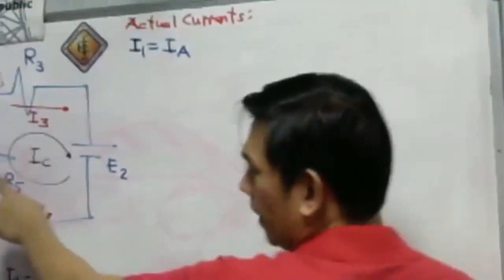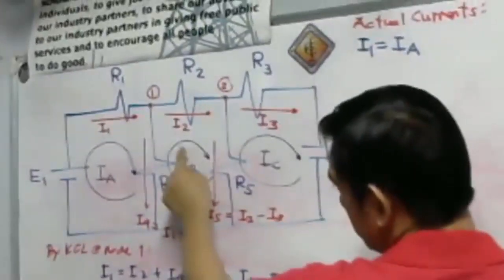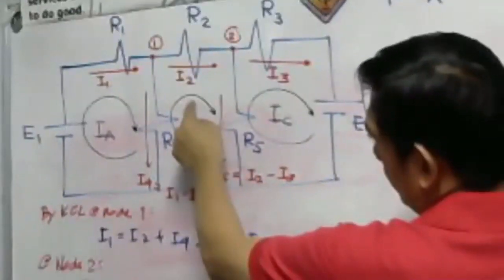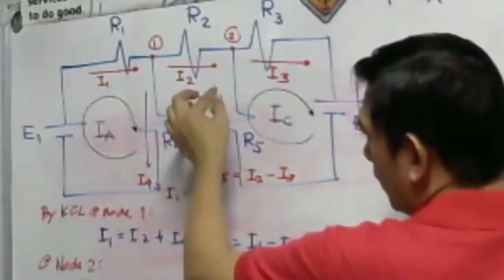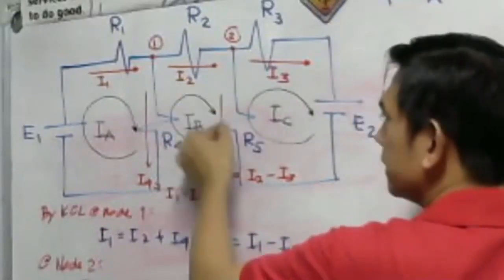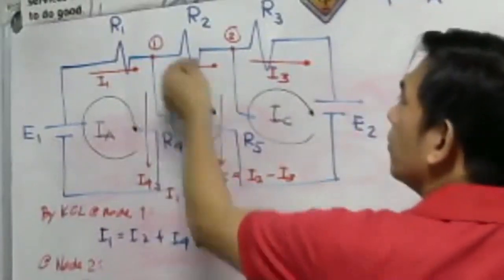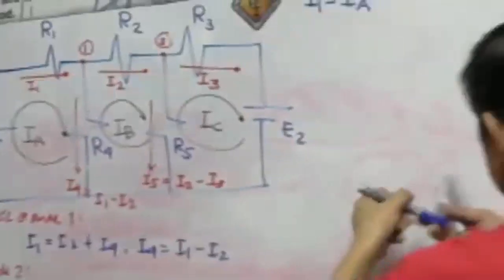Now, what about I sub B? Our circulating current I sub B is going to the right, and our I2 is going to the right also.